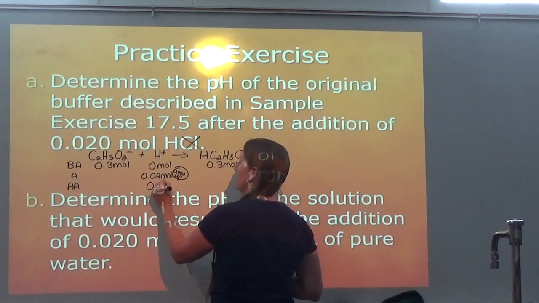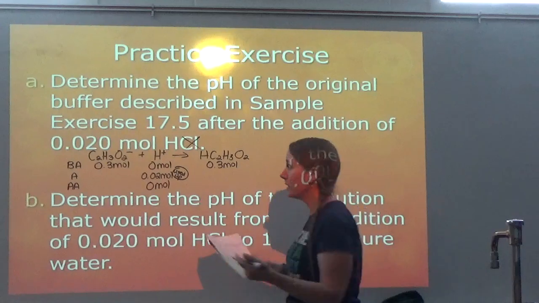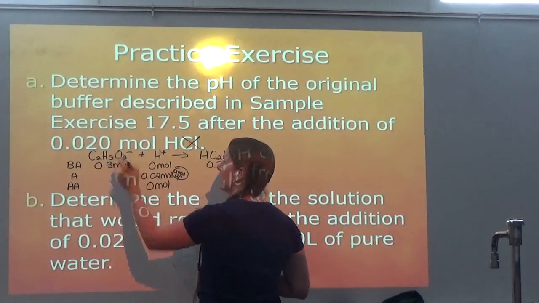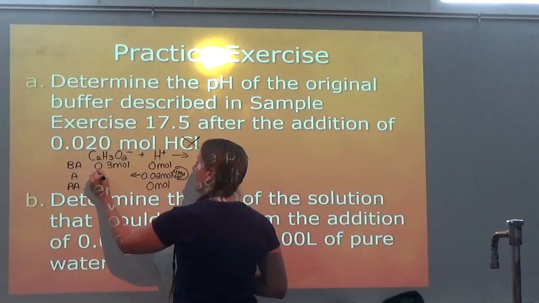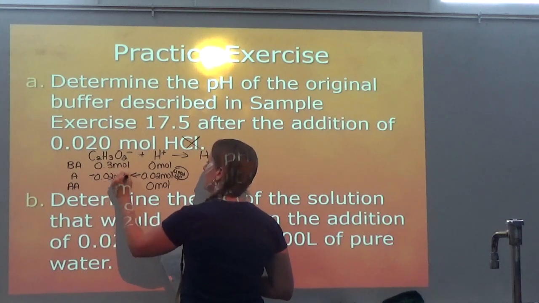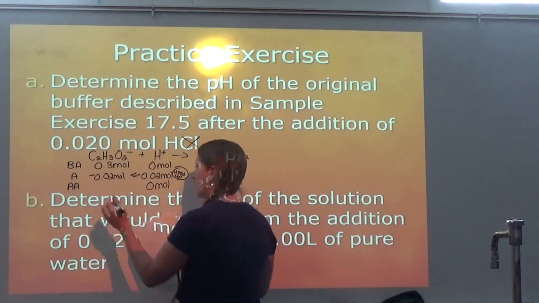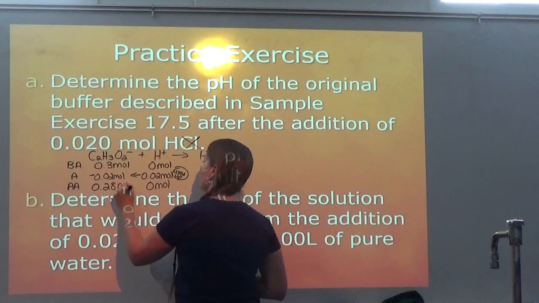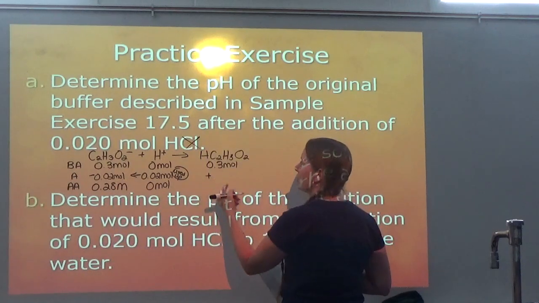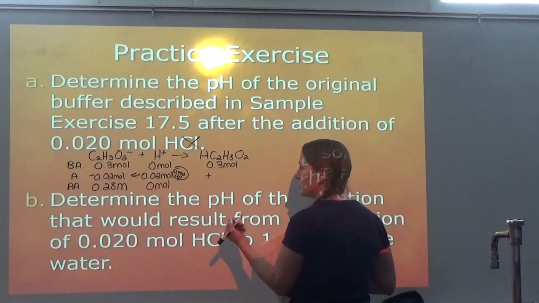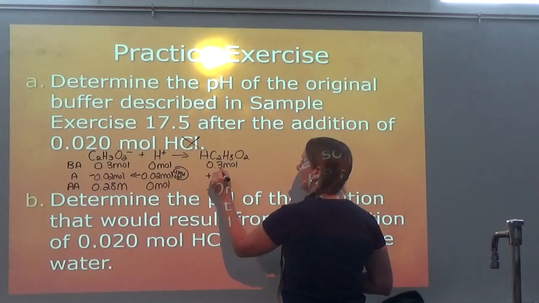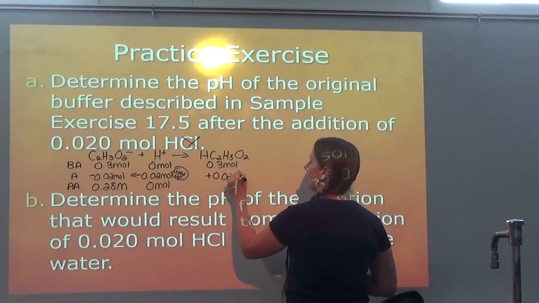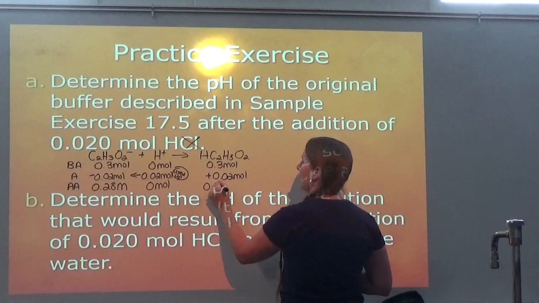So it's still going to end up being 0. All of that's going to be neutralized because it's going to react with that conjugate base. So then I subtract it from the conjugate base, and that leaves me with 0.28 moles. But here I'm going to add it to my HA, my acid. So that's going to give me 0.32 moles.